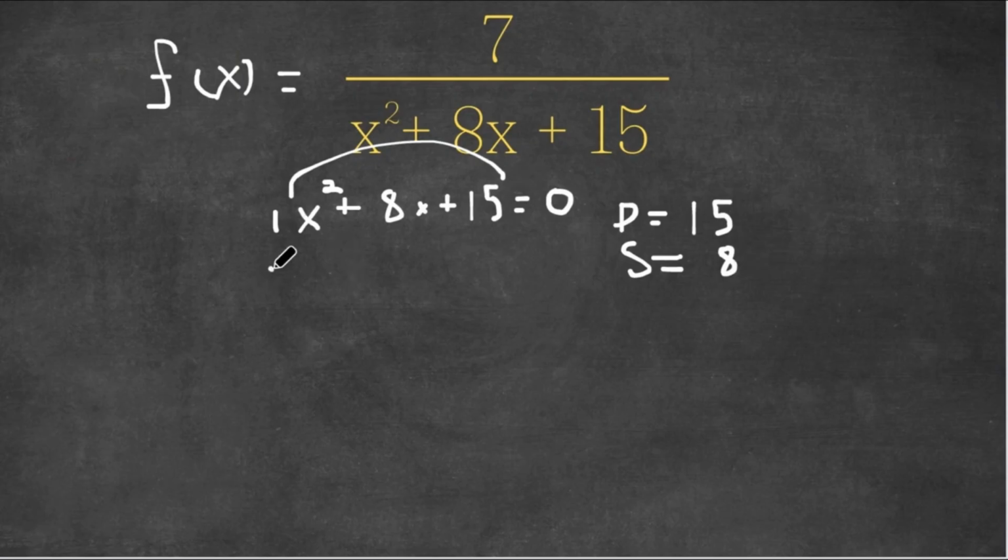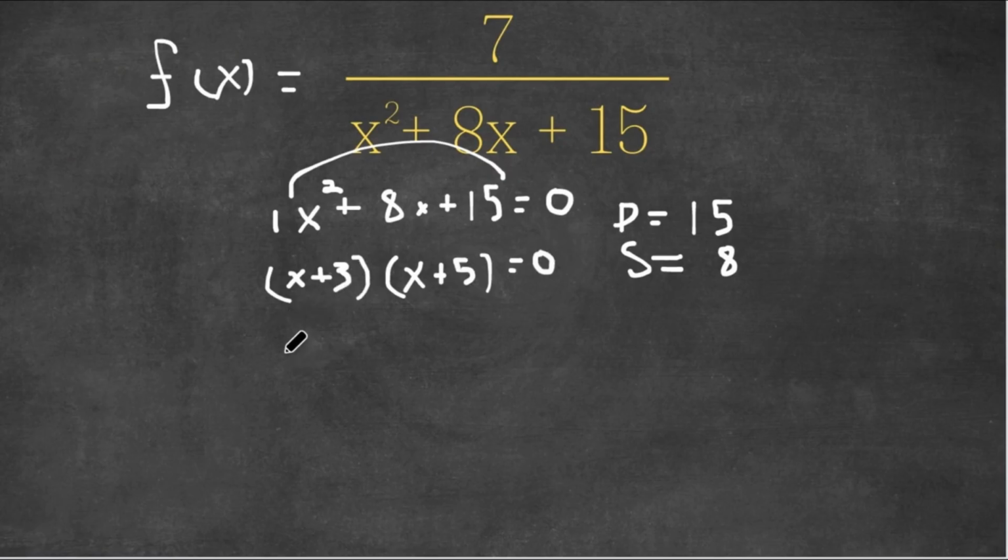So this would equal x plus 3 times x plus 5 equals 0, meaning x would either equal -3 and -5.